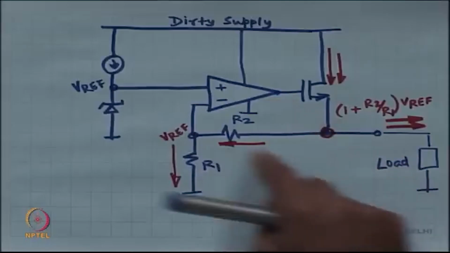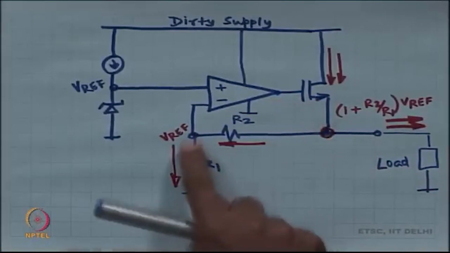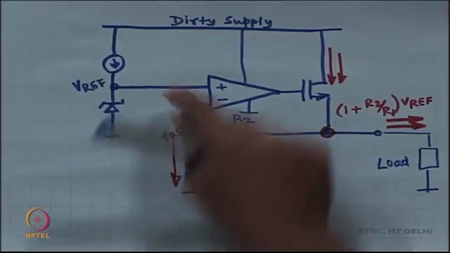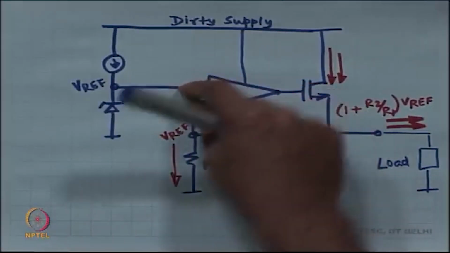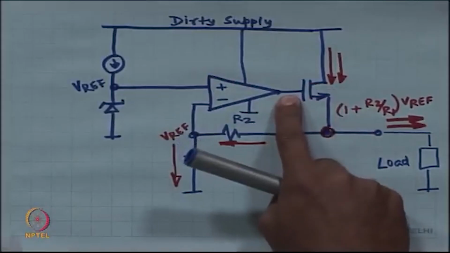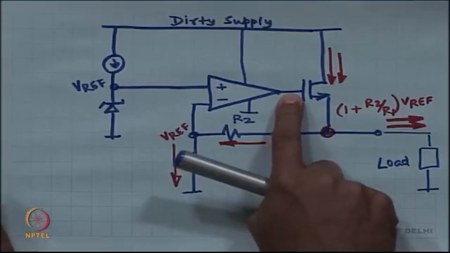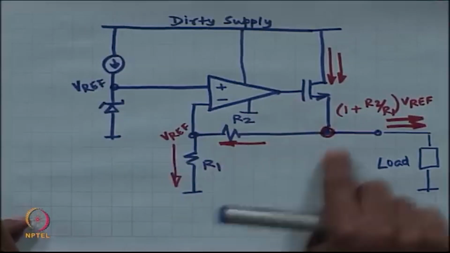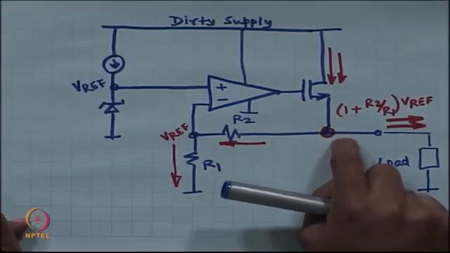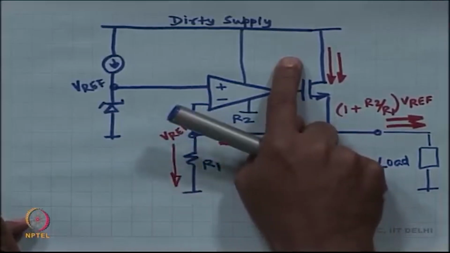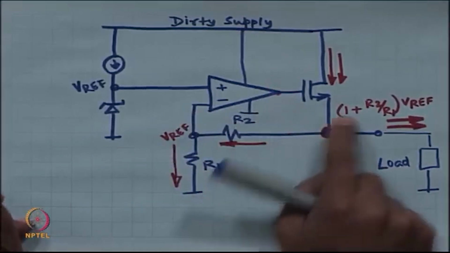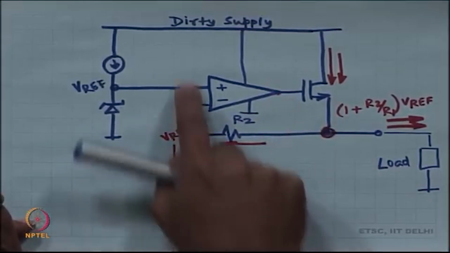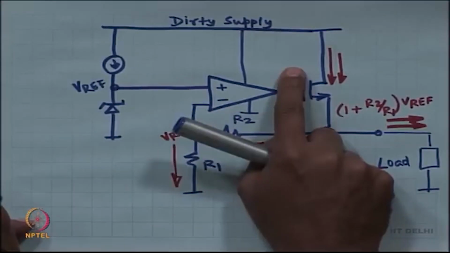The op amp is just doing its voltage amplification. It is a large amplification factor times the differential input voltage. For example, if this goes a little low, then this will go low, and immediately this is going to go high.